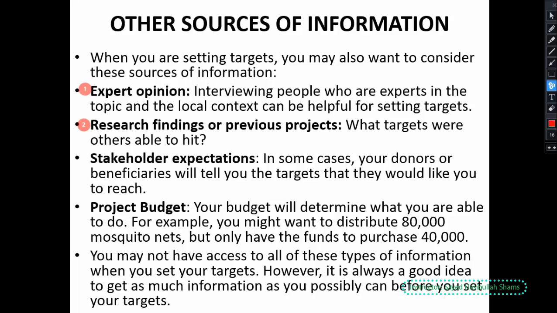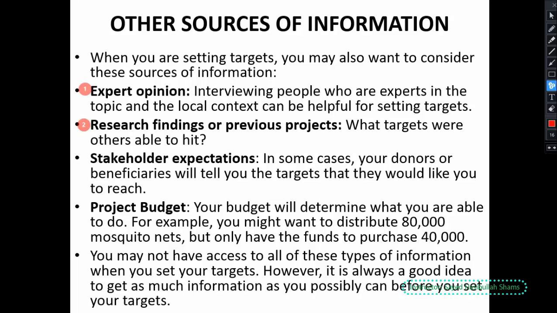So they will give you different hints about whether you can reach the target or not. So research findings from previous projects are very important.